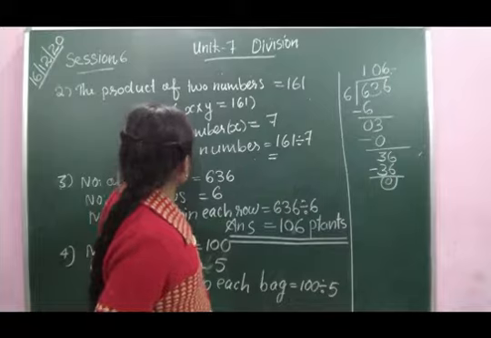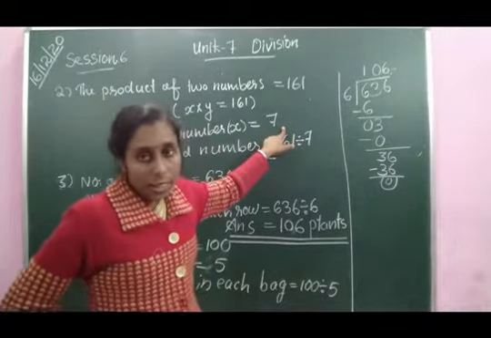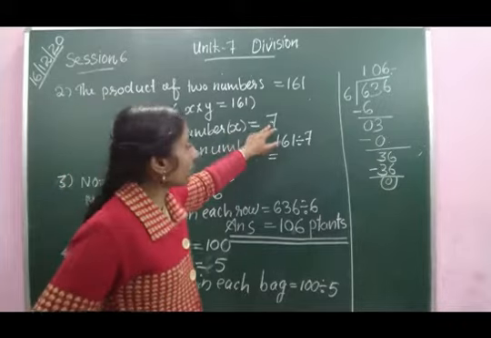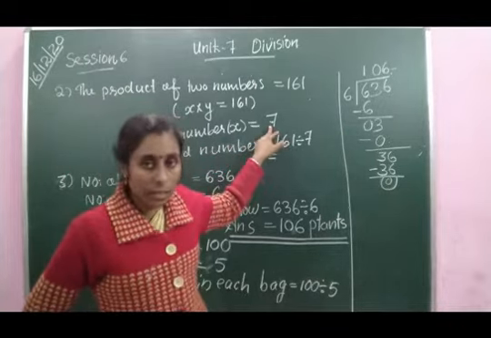What is the first number? That is x, that is 7. That 7 is given in the book. Then how will we get the second number? 161 divided by 7.